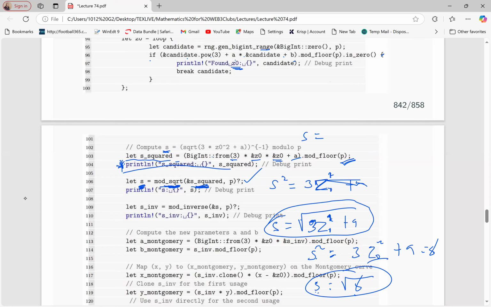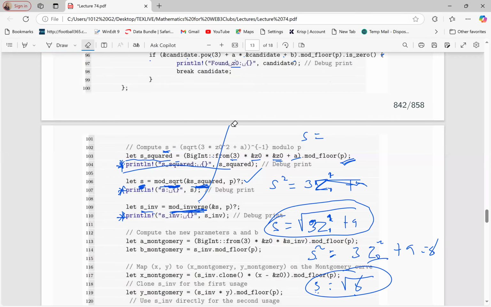To get the inverse of S, we call upon the function above that was performing the inverse to do it for us. So again, you can ignore these prints. I just put them here to assist me know where the error was coming from.